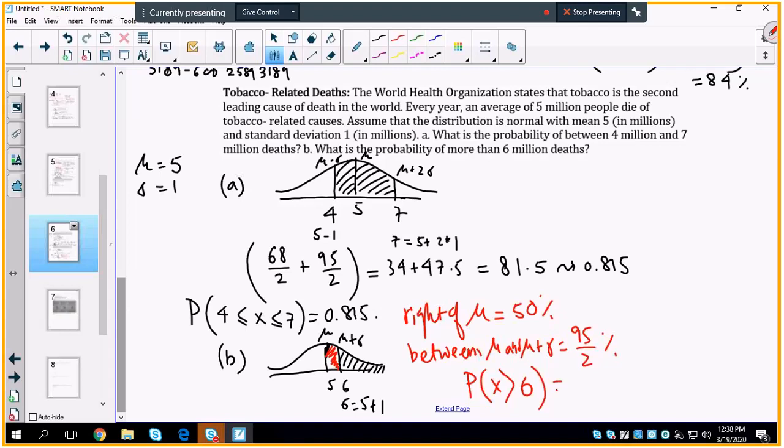That will be 50%. So 0.5 in probability. 95 over 2, we know that is going to be 47.5. So in probability, that is 0.475. And that's what we are subtracting. So when you do the subtraction, you get 0.025. And that is the required probability of the number of deaths over 6 million for the tobacco-related deaths.